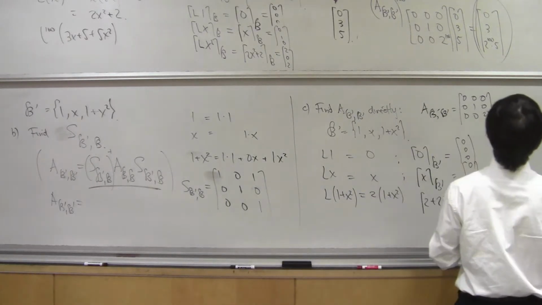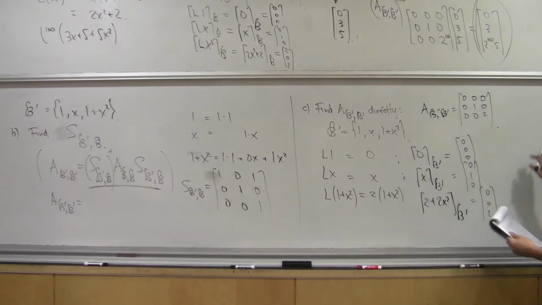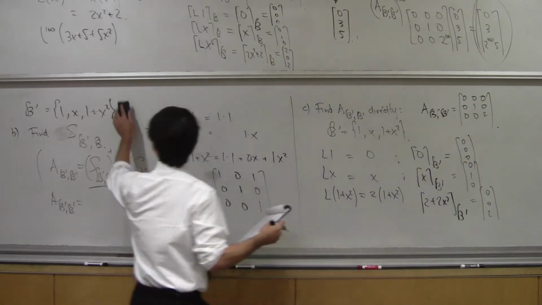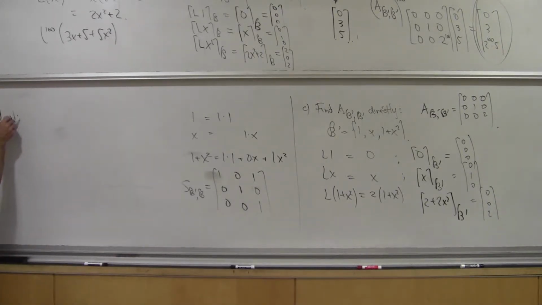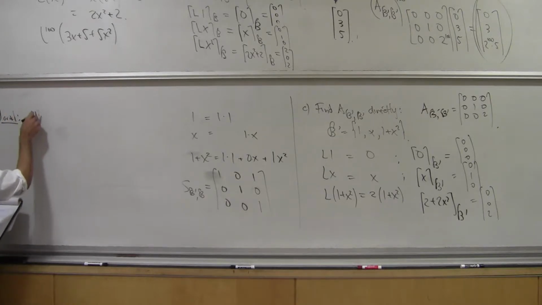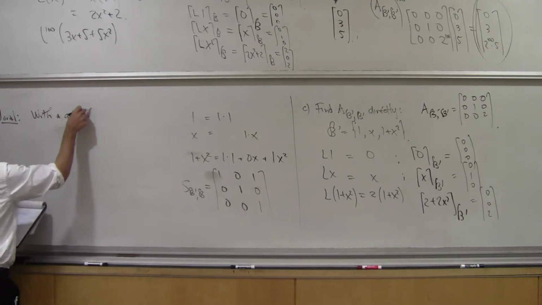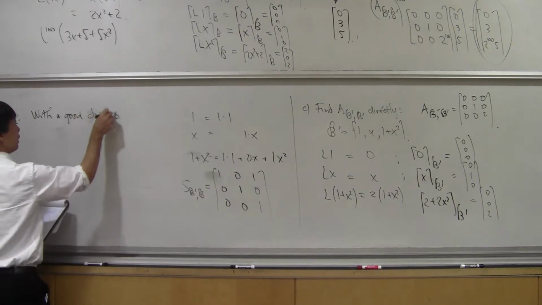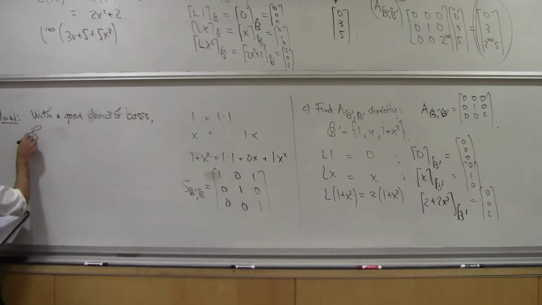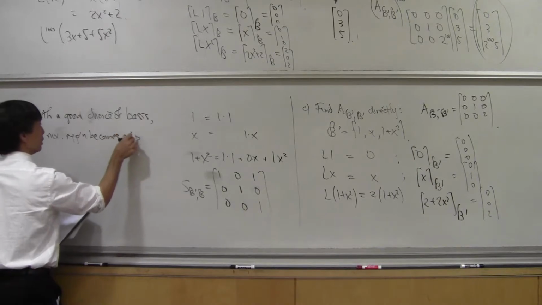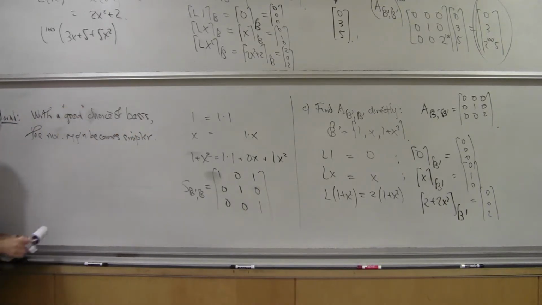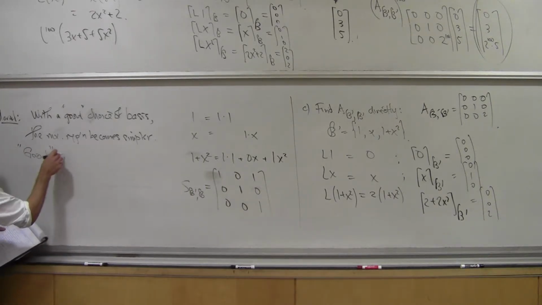The point is that with a good choice of basis, the matrix representation becomes simpler. Now, what is good in this case?